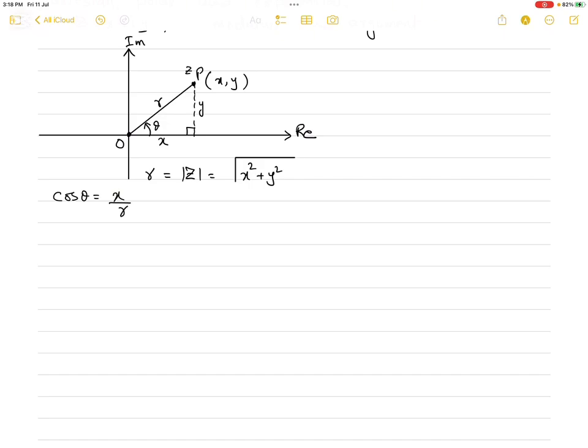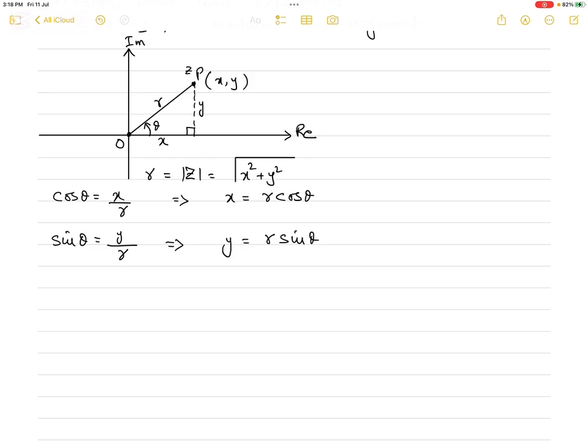From here you can make x the subject, so it becomes x equals r cos theta. And if you calculate sine theta, you have to write opposite over hypotenuse, which is y over r. And from here you can make y the subject, it becomes y equals r sine theta.